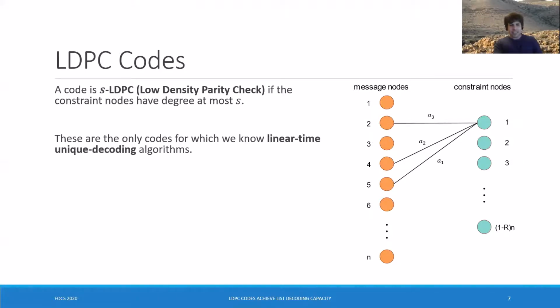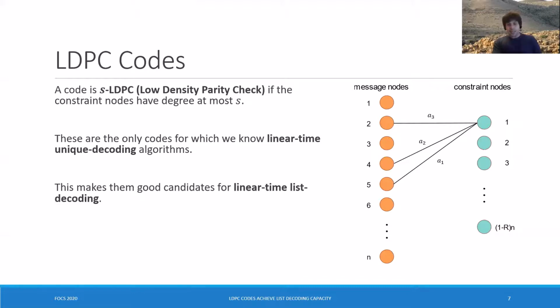Importantly, LDPC codes are the only class of codes for which we have any linear time unique decoding algorithms. Recall that unique decoding algorithmically can be thought of as a special case of list decoding where the list size is 1, so it's an easier problem computationally.